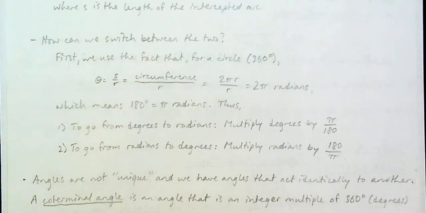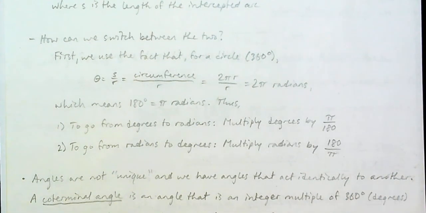There should always be this pi symbol there. If you're going to go from radians to degrees, you're going to take your angle that's in radian measure, which is going to have a pi in it, and you're going to multiply that by 180 over pi. When you multiply it by 180 over pi, then the pi's are going to disappear. They are going to vanish.